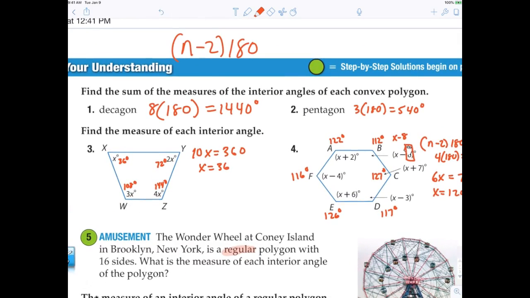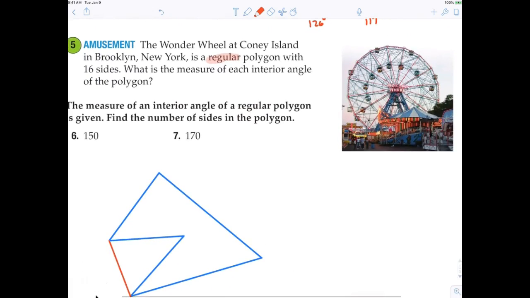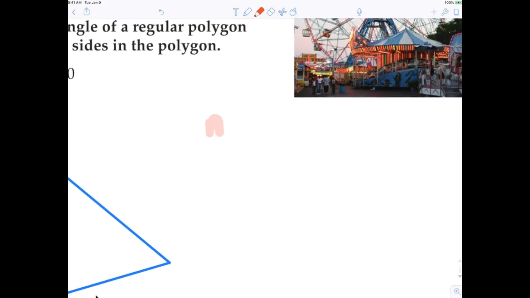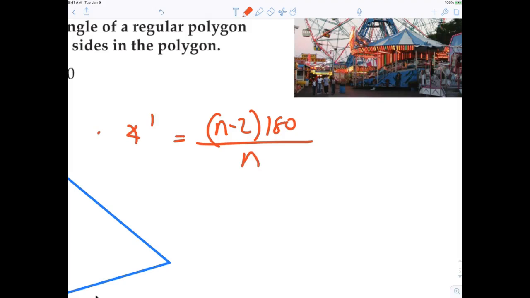This n minus 2 times 180 gives the sum. And then you just divide it by the number of sides. Exactly right. So the formula for the interior angle would simply be n minus 2 times 180 divided by n. That is the measure of each interior angle.